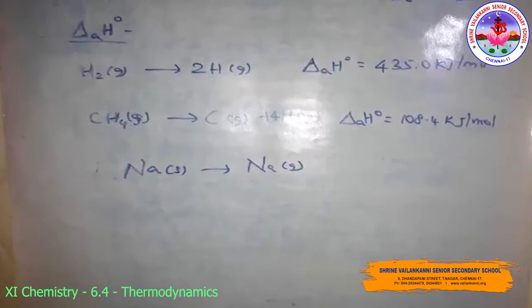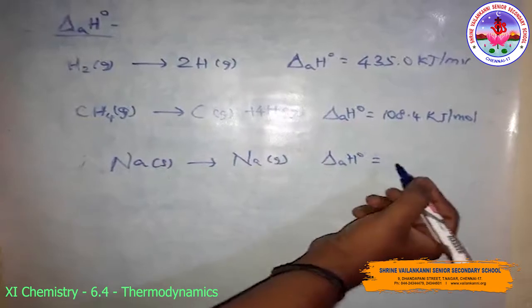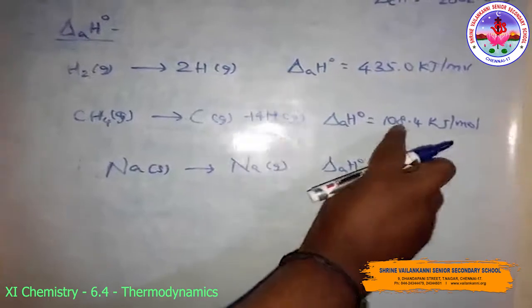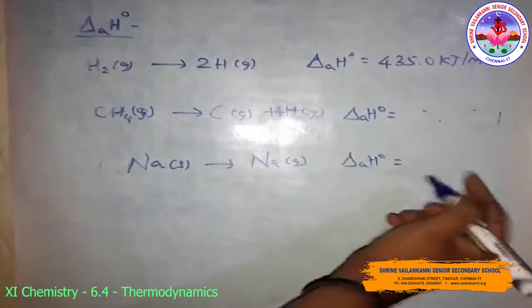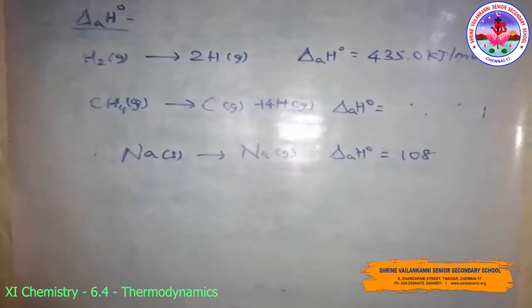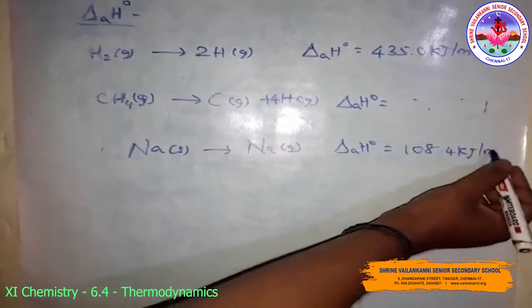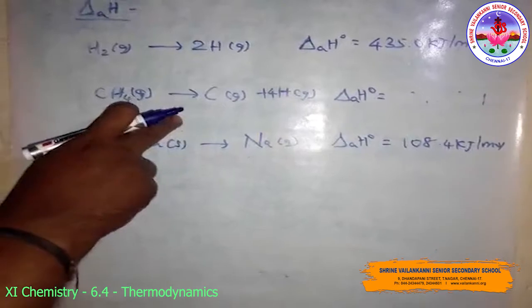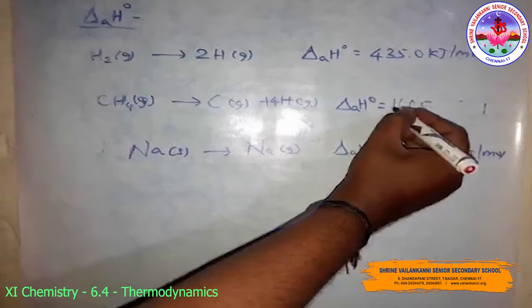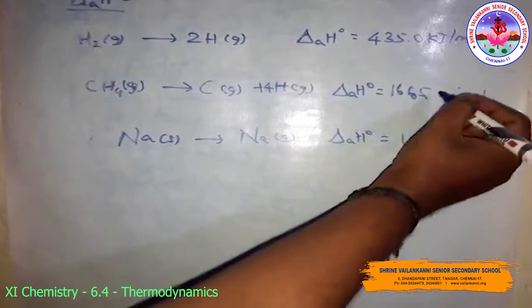Sorry, this is 108.4 kilojoule per mole for methane gas, and this one is 1665 kilojoule per mole.